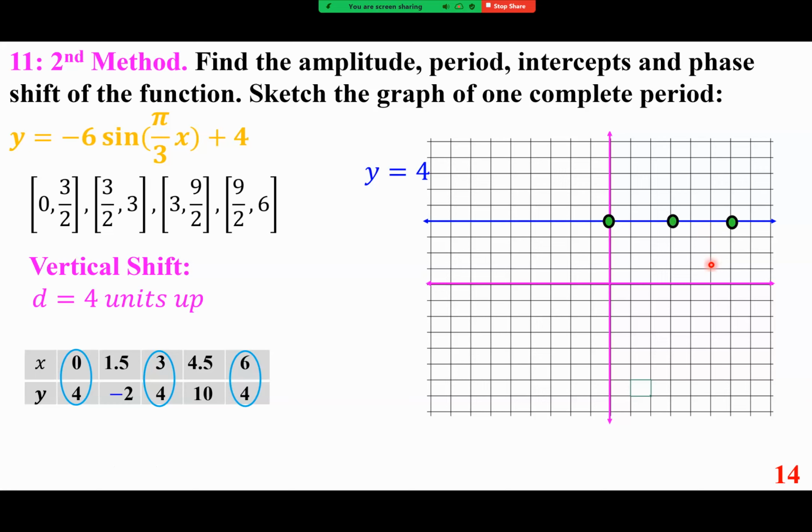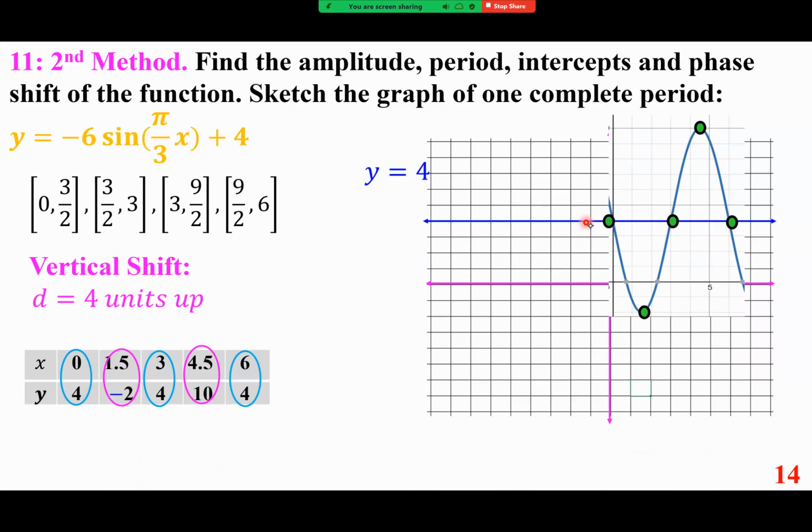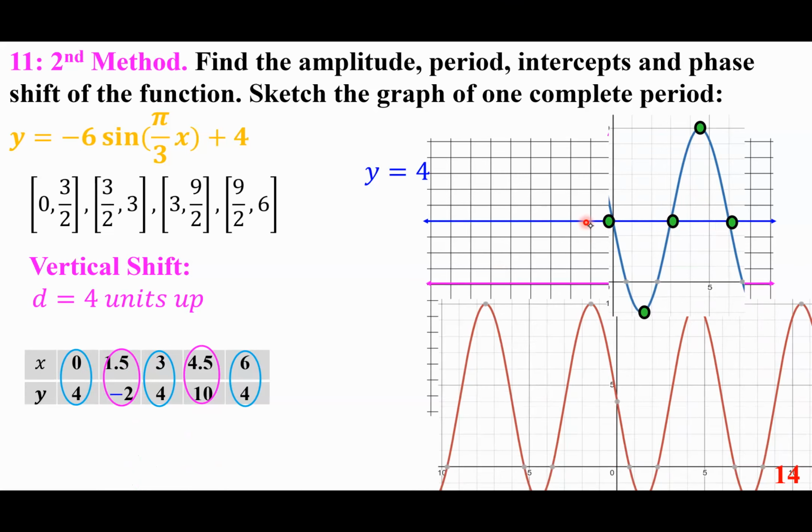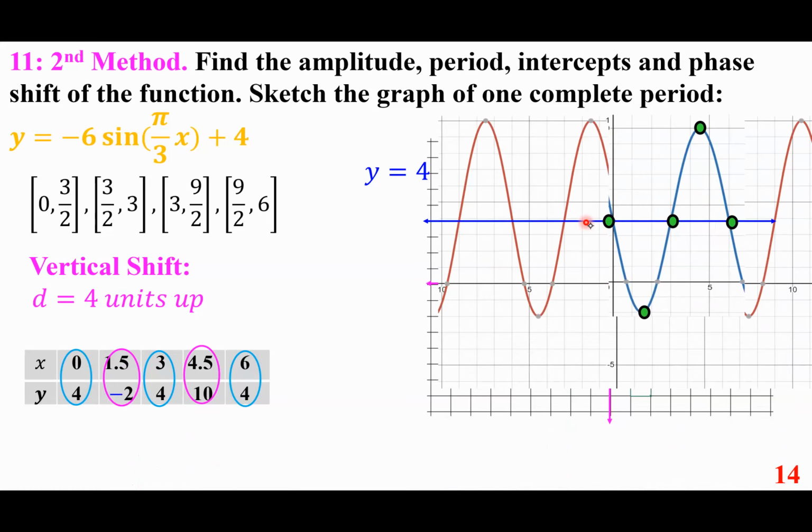Those points have moved up by 4, and the other 2 points. So this is your complete cycle, just one. And this is all of it. Now, I don't know which one is easier. I wanted you to be familiar with both methods, and you choose the method that works best for you. I spent enough time on that so we can have an easy time with the rest of it.